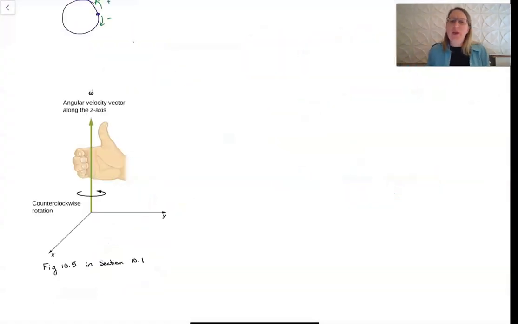So this is the way that we describe it, and we use yet another right-hand rule. So this right-hand rule is what I call the curling right-hand rule. And in this case, you take your fingers and you curl in the direction that the rotation is happening.